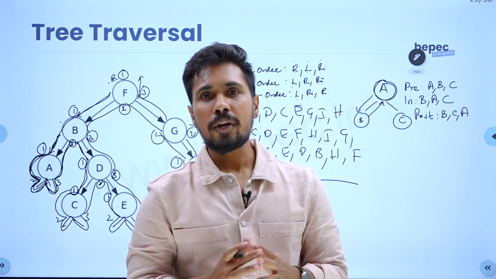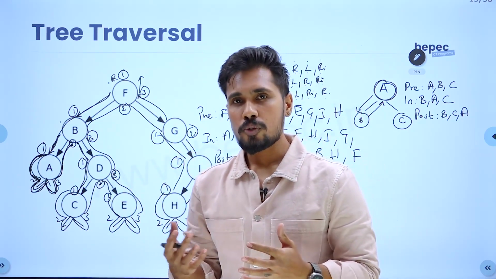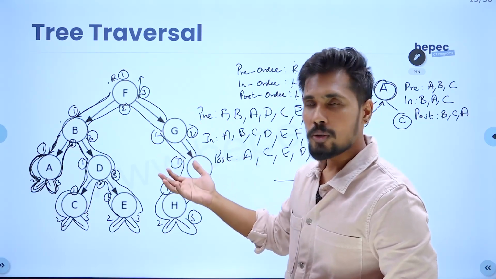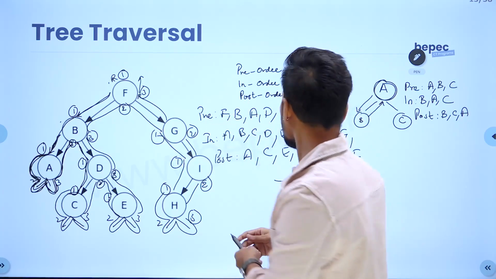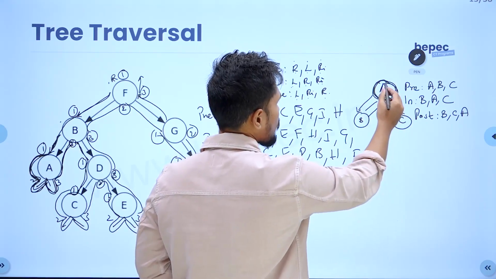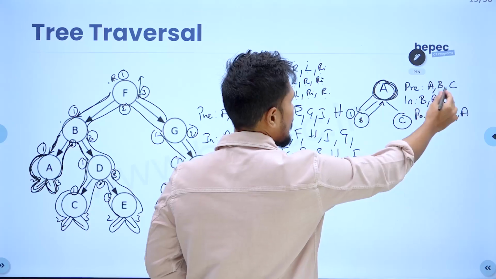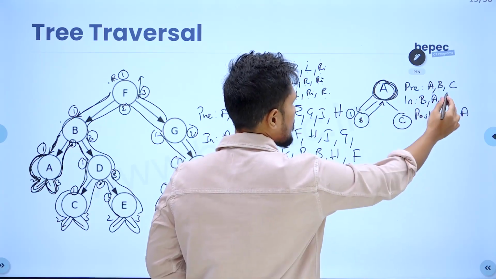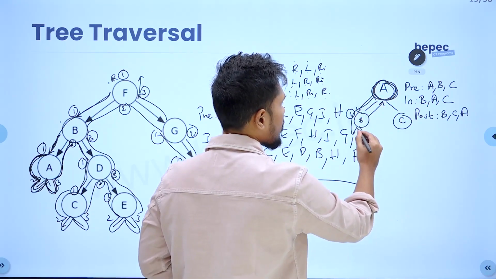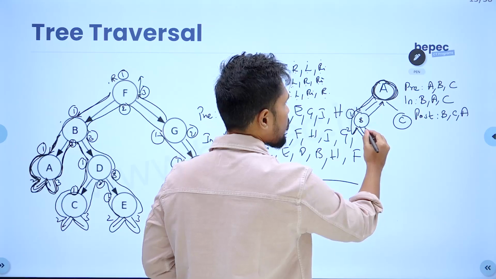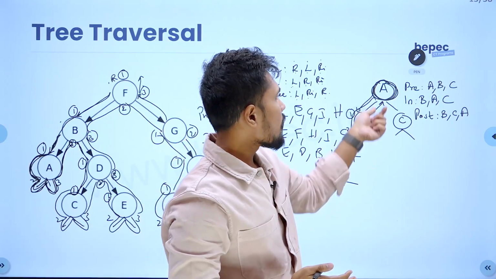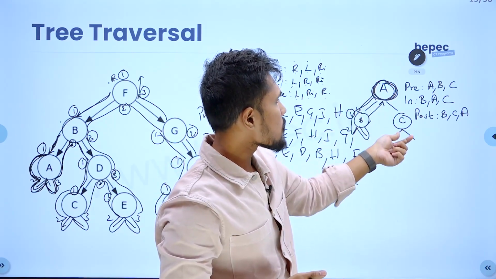So whenever you go for pre, in and post, what exactly we are doing is trying to hit each node based on the particular sequence. Even if you take this example as well: for the first time, you go to A, B, and next C, this is also the first time, A, B, C. And if you take in-order, we go with A, and then we get into B for the second time, and then again A and C. So B, and then we get into A second time, and then C second time.